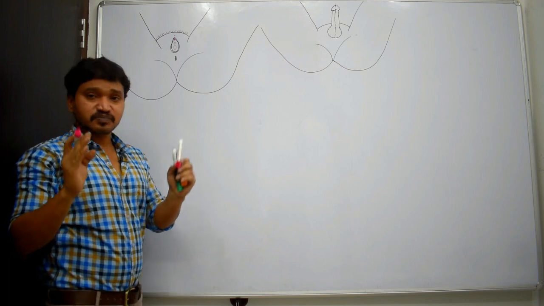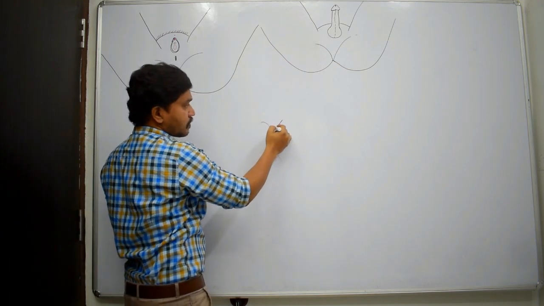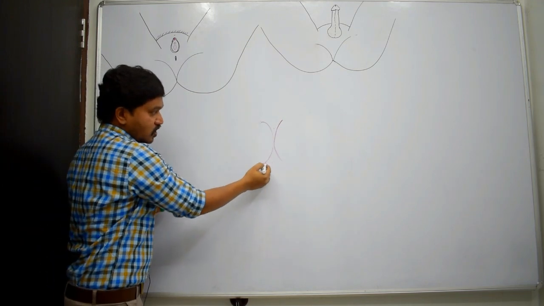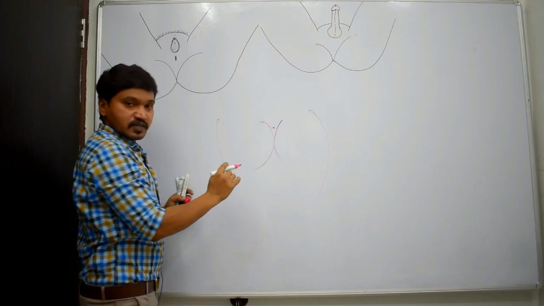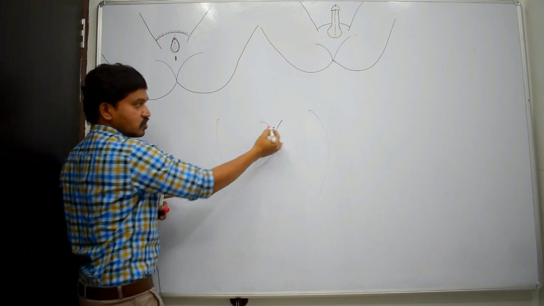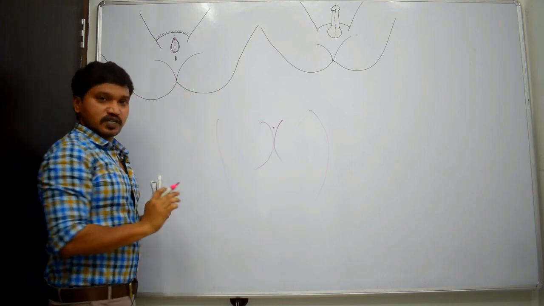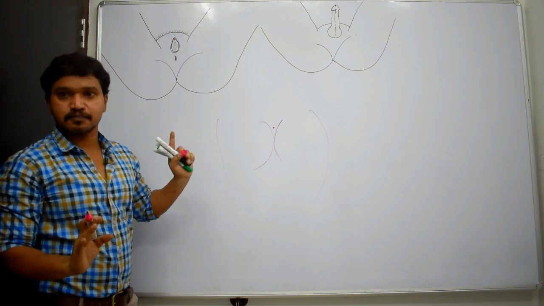Natal cleft means if you see the two buttocks, the upper part of the cleft which is present in between the two buttocks, right? So this point posteriorly, otherwise simply remember the buttocks posteriorly.